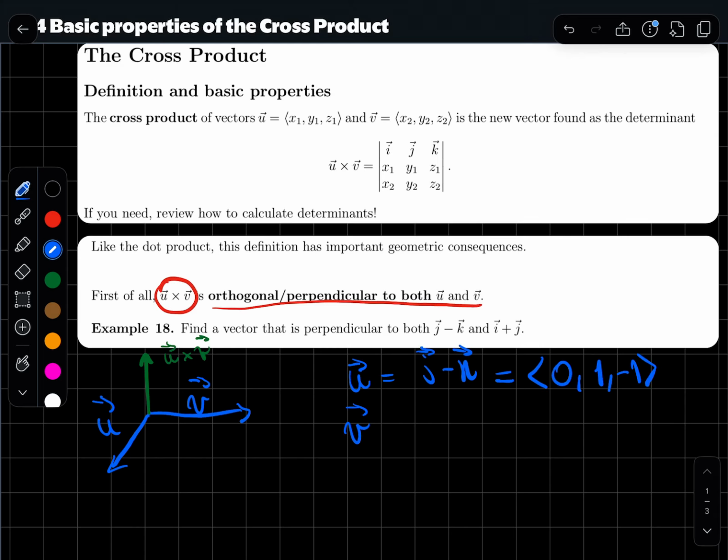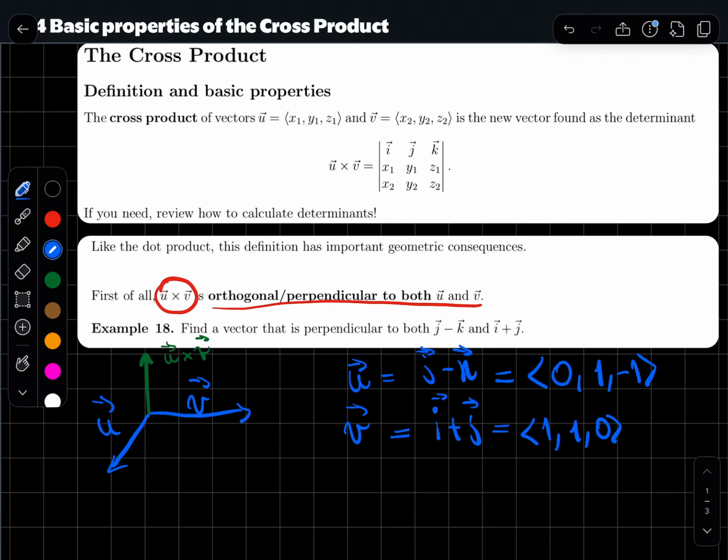And my vector v is i plus j, so that is vector 1, 1, 0. Again, these are the standard basis vectors. So i is 1, 0, 0, j is 0, 1, 0, and k is 0, 0, 1. So by plugging those in, I do get these two vectors that I have there.